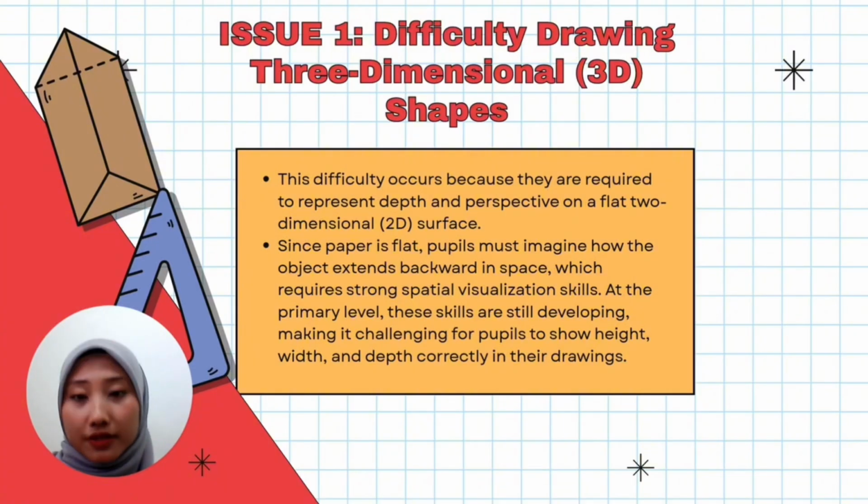At the primary level, these skills are still developing, making it challenging for pupils to show height, width, and depth correctly in their drawings. So that's why this issue happens, because they have limited spatial visualization skills.